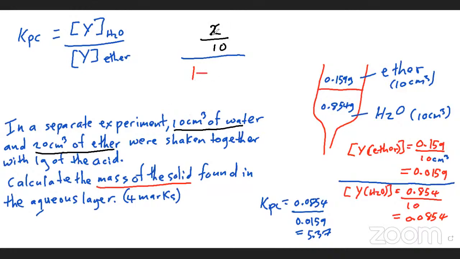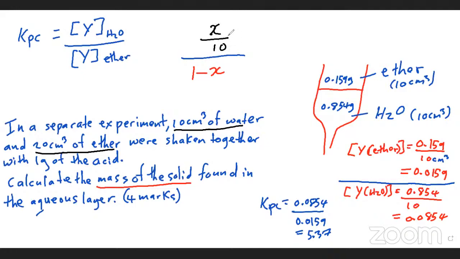Based on how much goes in the water, it will decrease by that amount. So it is going to be 1 gram minus X. Remember, we don't know the exact mass, so we are using X to represent it. So it is X divided by 10, right?